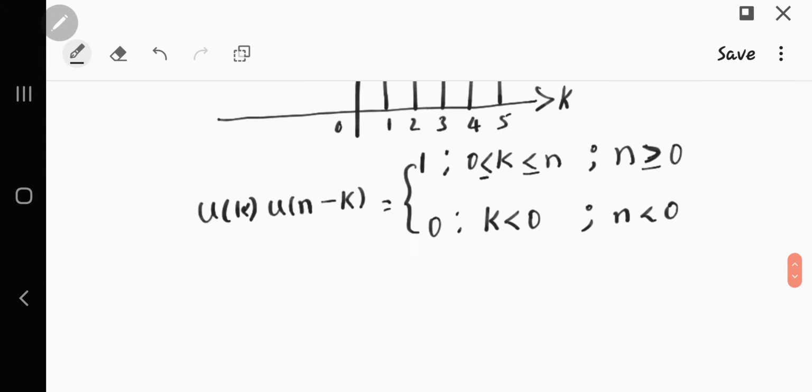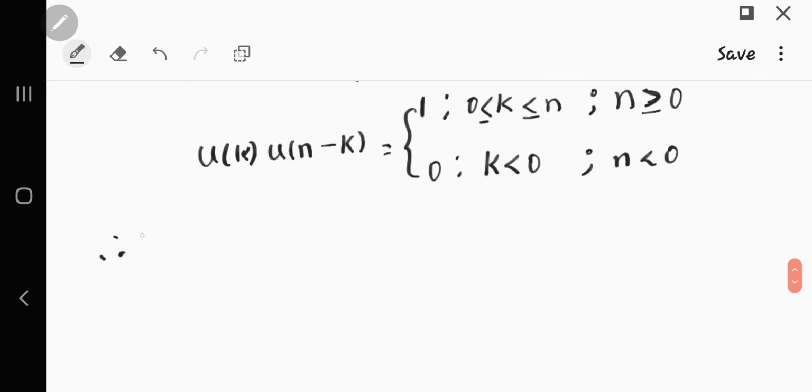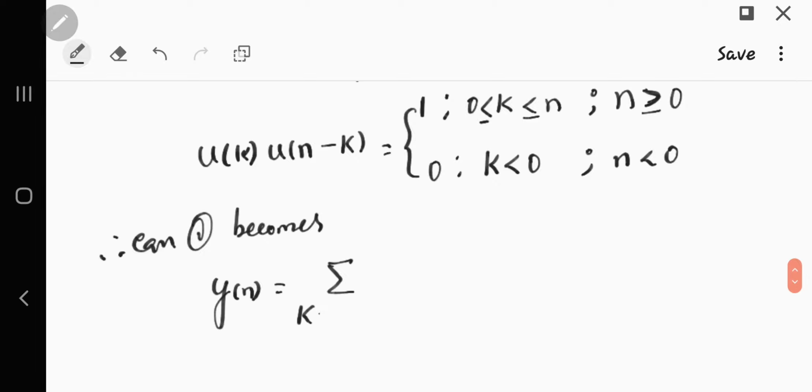So let's rewrite equation 1 here. Therefore equation 1 becomes y of n is equal to summation k is equal to 0 to n, 3 by 4 to the power of k into 1.